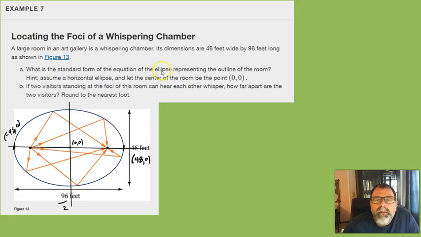What is the standard equation of the ellipse representing the room? Horizontal ellipse, let the center of the room be 0, 0. So we know we're going to do x squared over a squared, y squared over b squared equals 1.